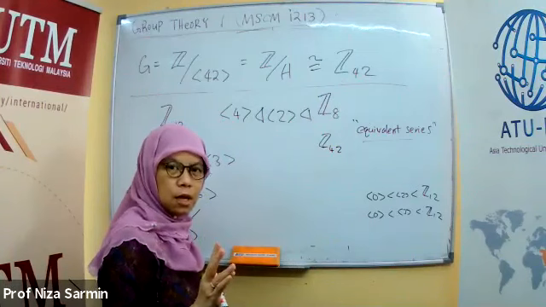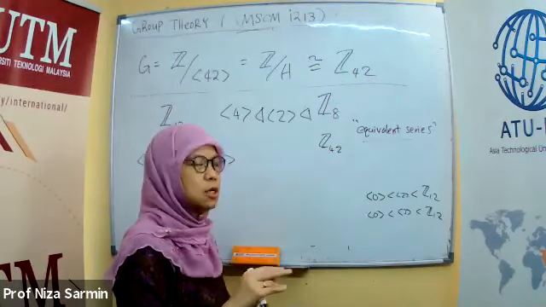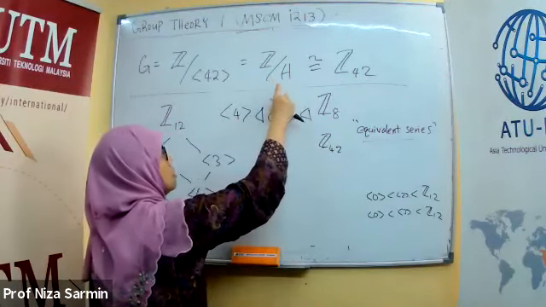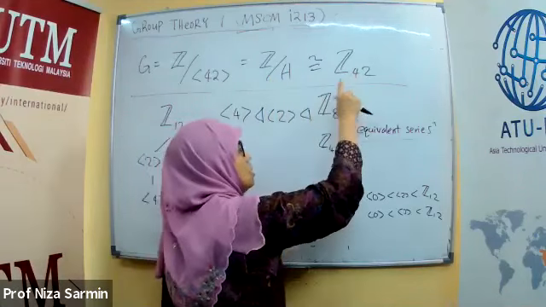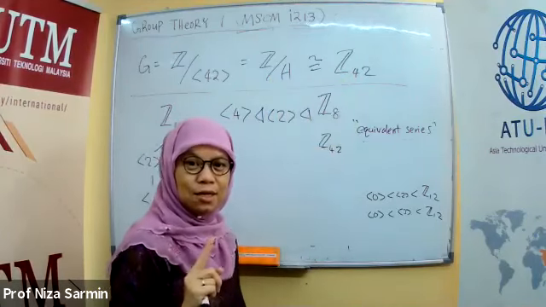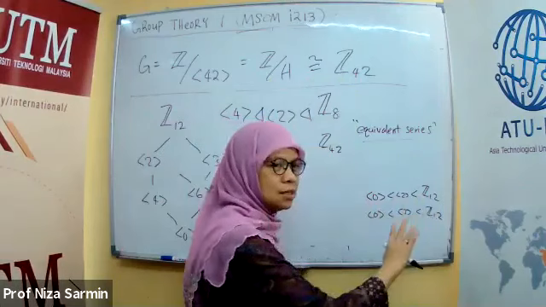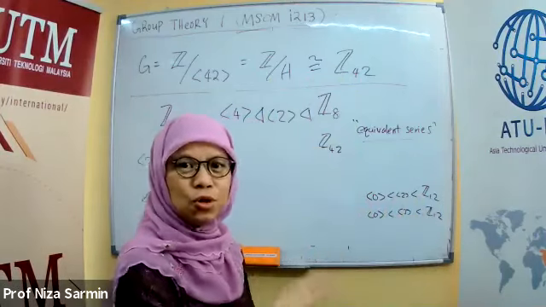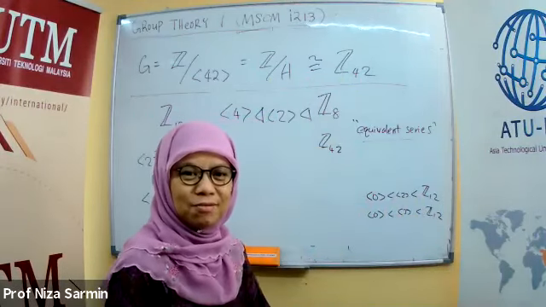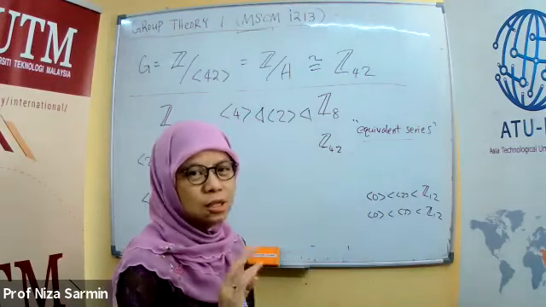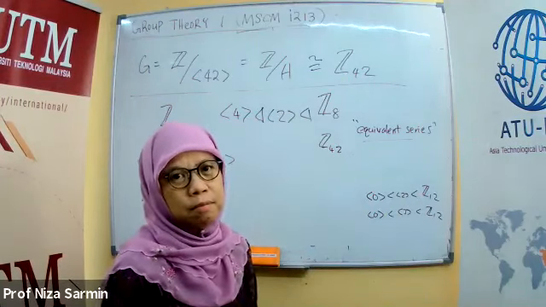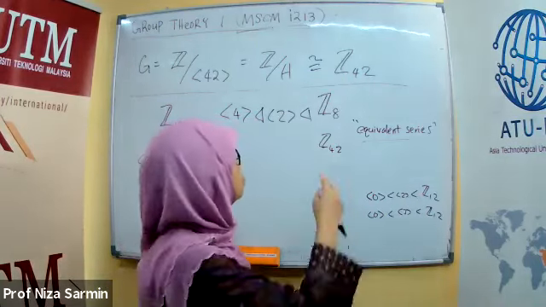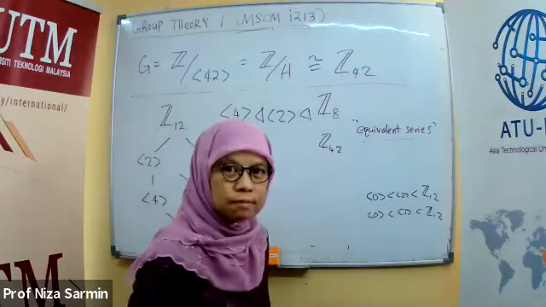Remember, our original group is a factor group. This is not equal. Okay, so the answer is isomorphic to the original one, all in terms of the factor group. But you can say somehow that it is isomorphic to this.